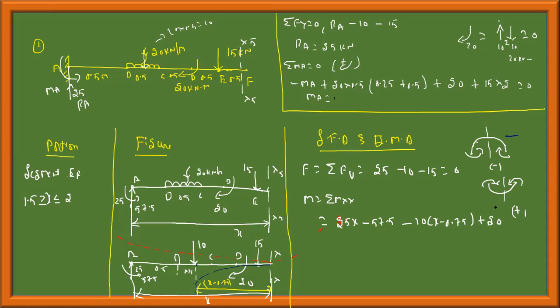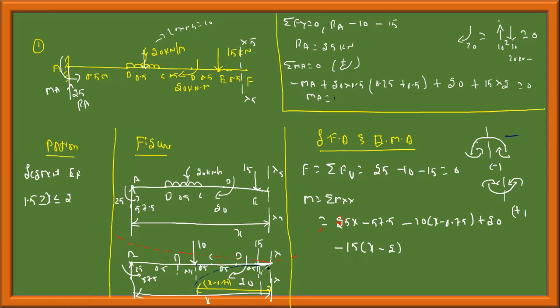Also there is a point load, you should take it properly. This point load is bending the beam like this, which also has a negative sign: minus 15 into x minus the distance D to E, force into perpendicular distance.